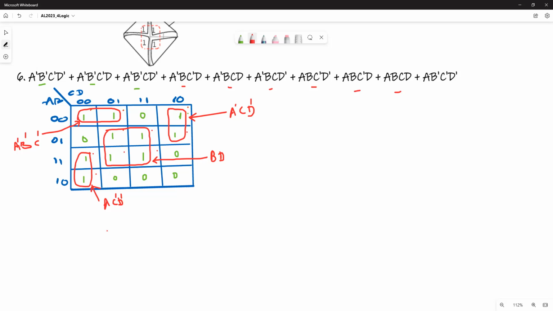Right. Okay. So now can you simplify and show me that you are getting the same answer when you try to find solving using, what is it? Boolean laws. Shall we start?